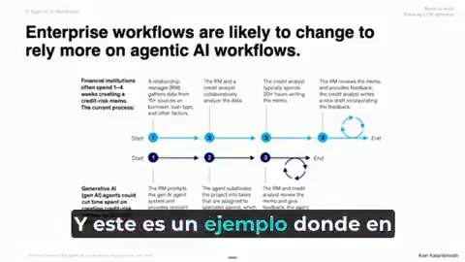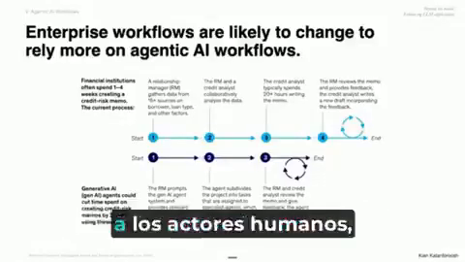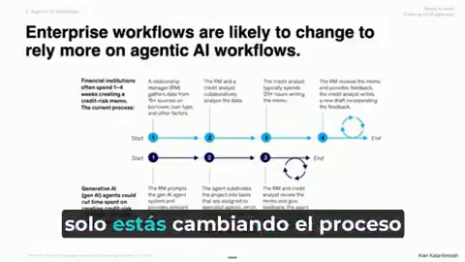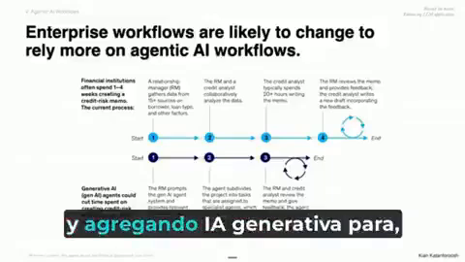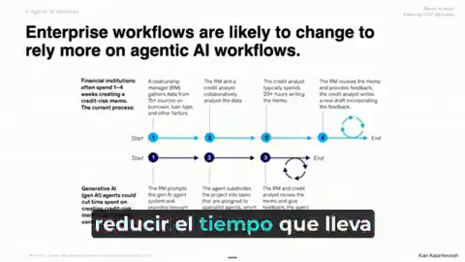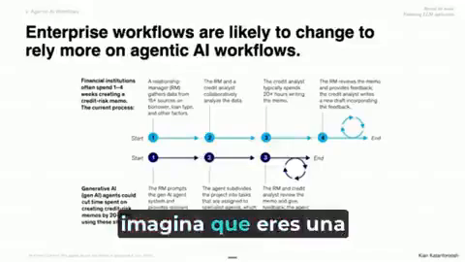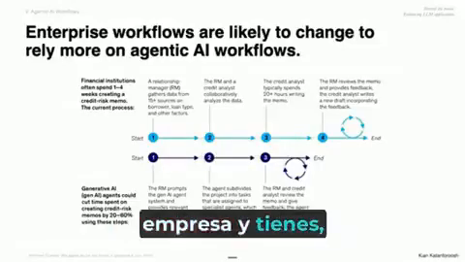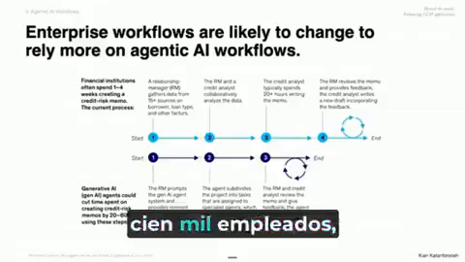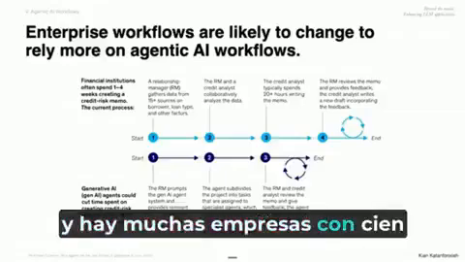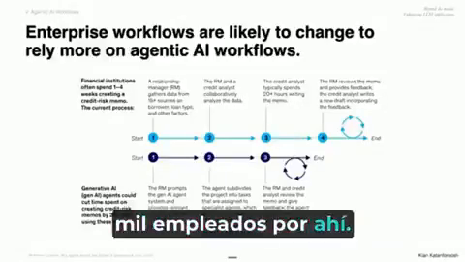And so this is an example where you're actually not changing the human stakeholders, you're just changing the process and adding Gen AI to reduce the time it takes to get a credit memo out. Imagine you're an enterprise with 100,000 employees, and there are a lot of enterprises with 100,000 employees out there.